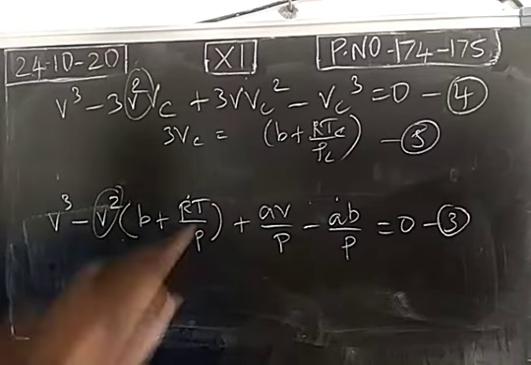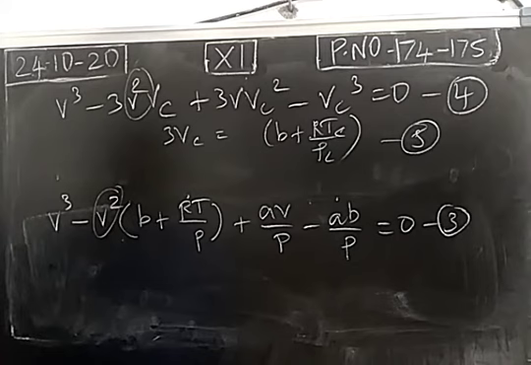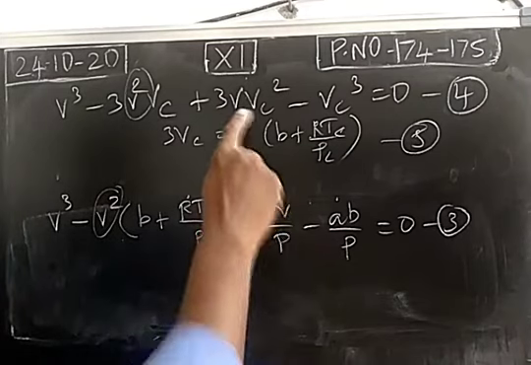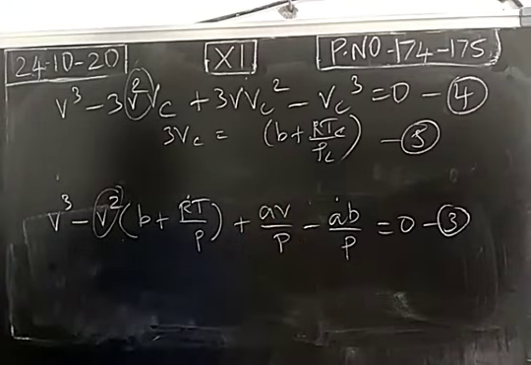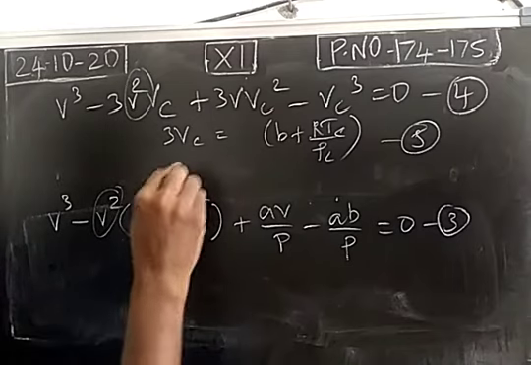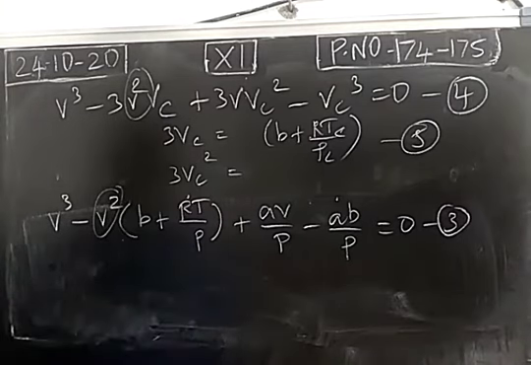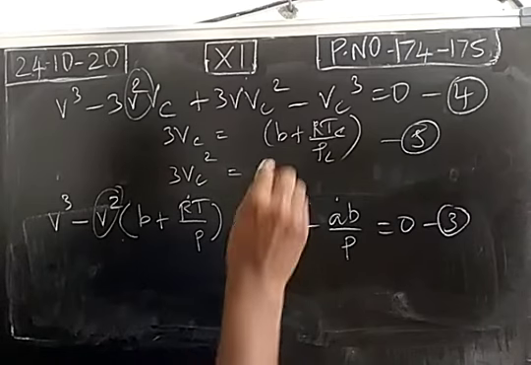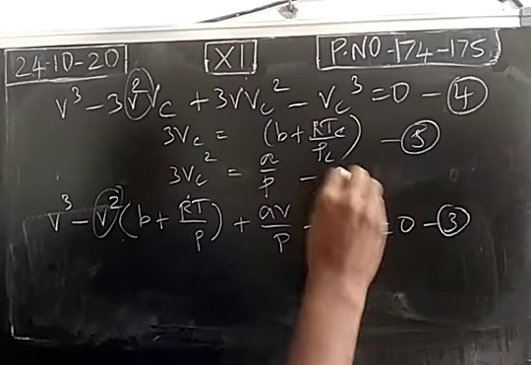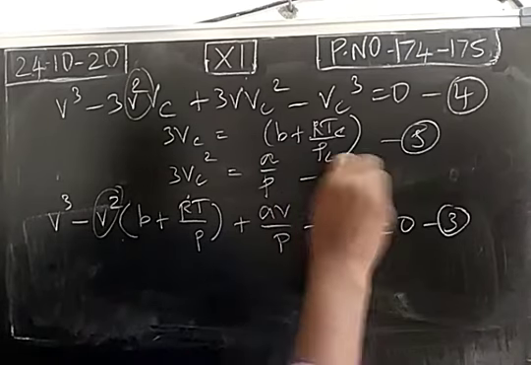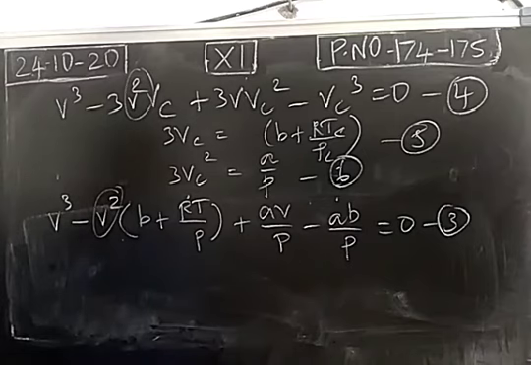So 3Vc is equal to b plus RTc by Pc. Next, take the coefficients of V: 3Vc square is equal to a by P. Consider this as equation number 6.